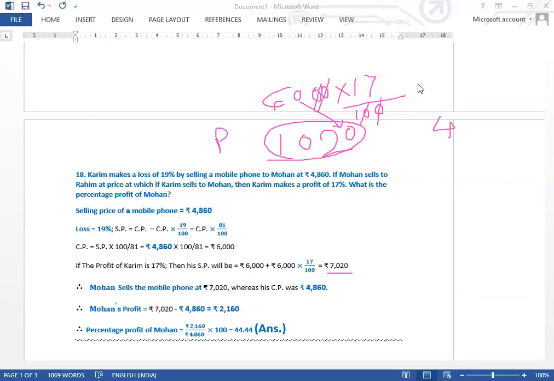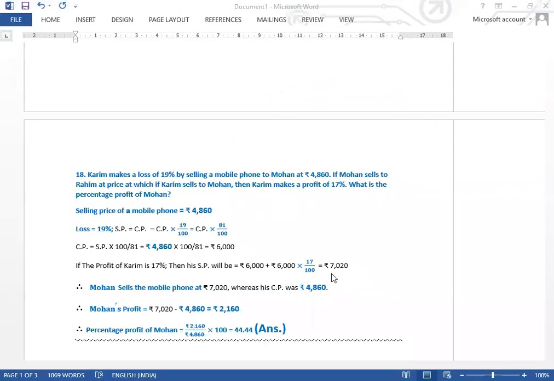So this 7,020 will be the same selling price for Mohan also. So Mohan sells the mobile phone at 7,020, whereas what is the CP of Mohan? CP of Mohan is the SP of Karim, so that's why the CP becomes 4,860. So how much profit does Mohan make?